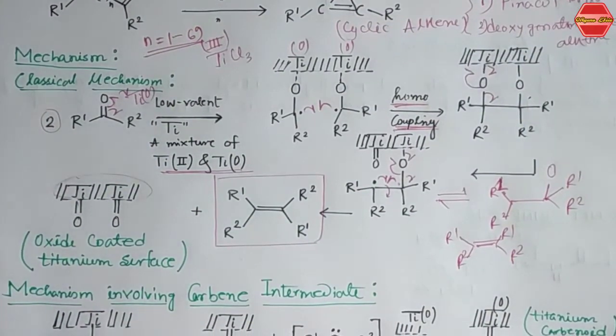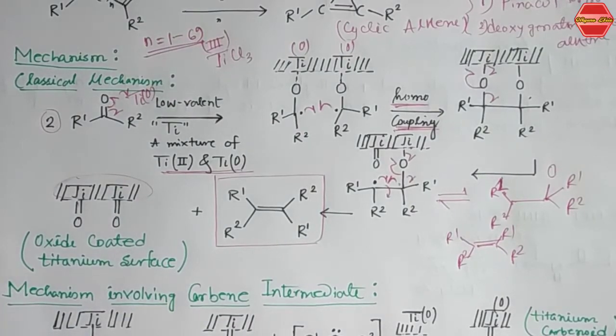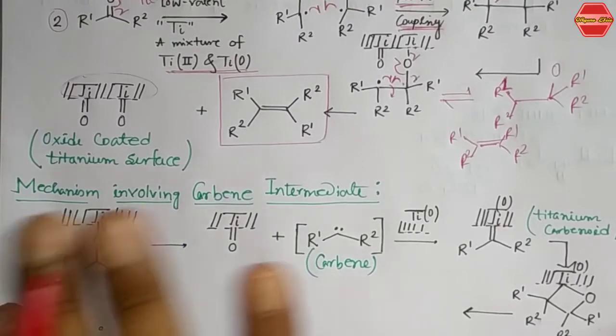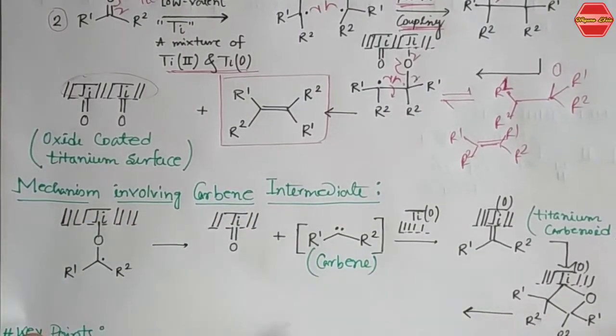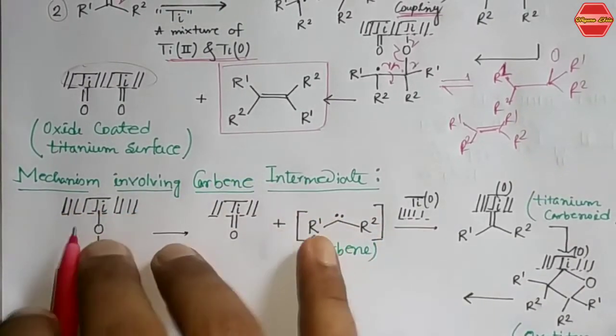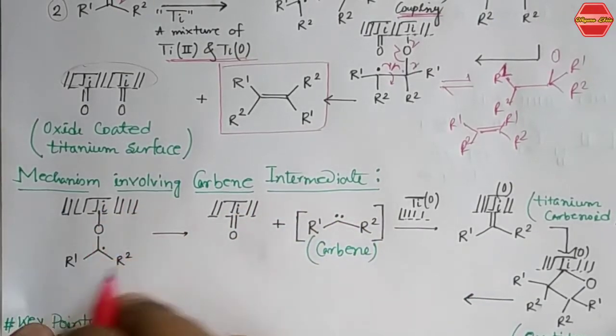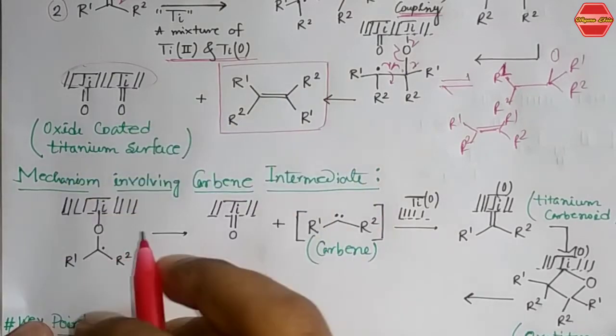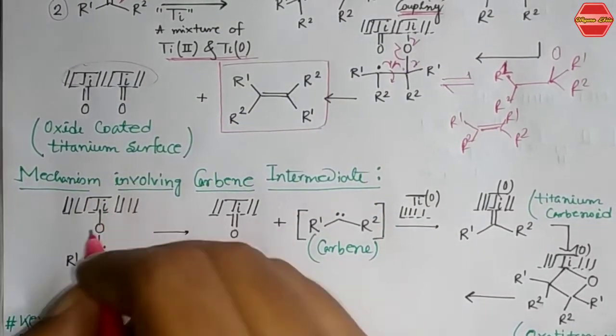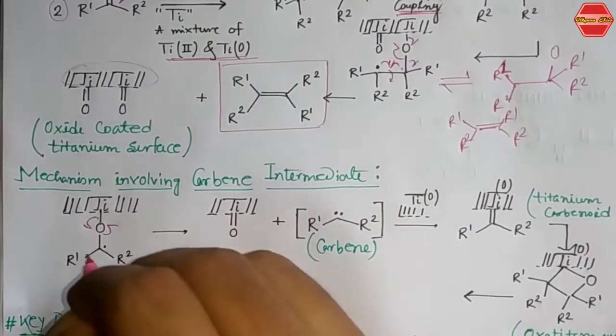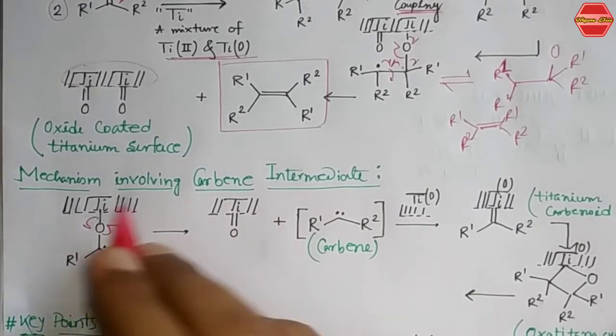Now the other mechanism believed for this reaction is the carbene formation pathway. That is, this overall mechanism proceeds via a carbene intermediate. Now let's see the mechanism involving the carbene intermediate. The same concept applies in this case, that is, the oxygen is bonded with this titanium surface. The same bond breaking happens in this way.